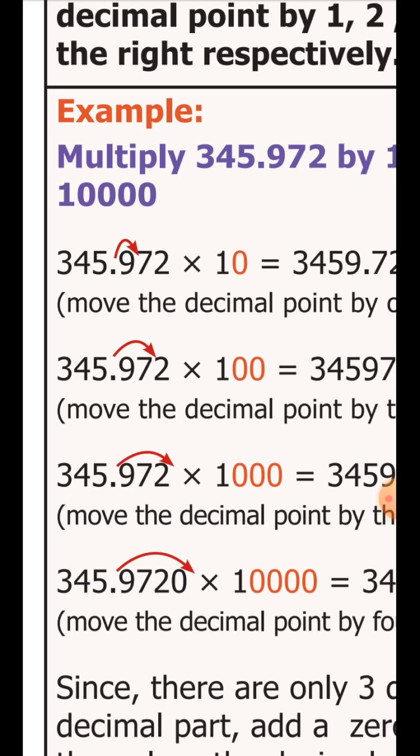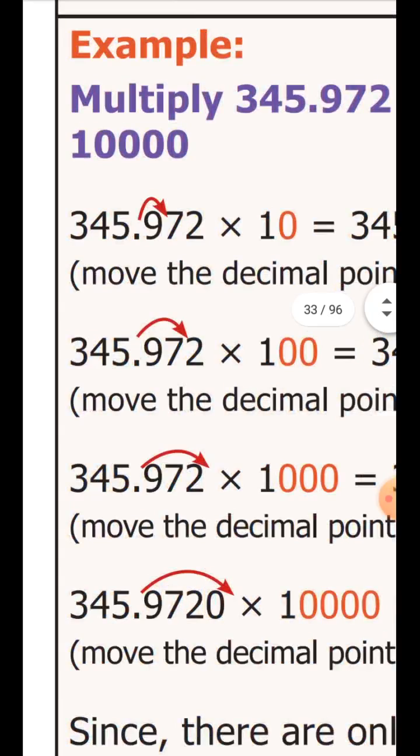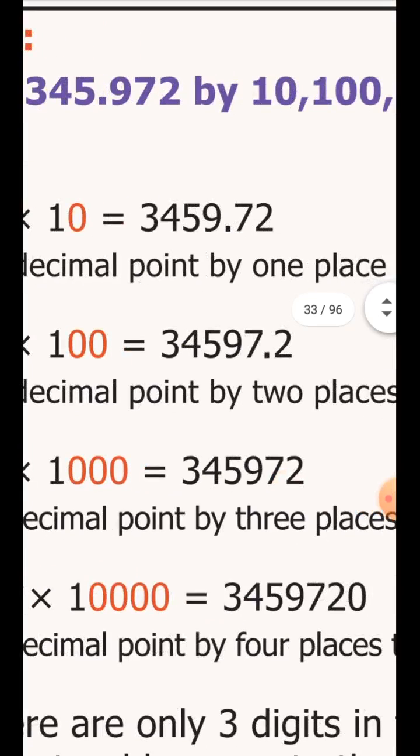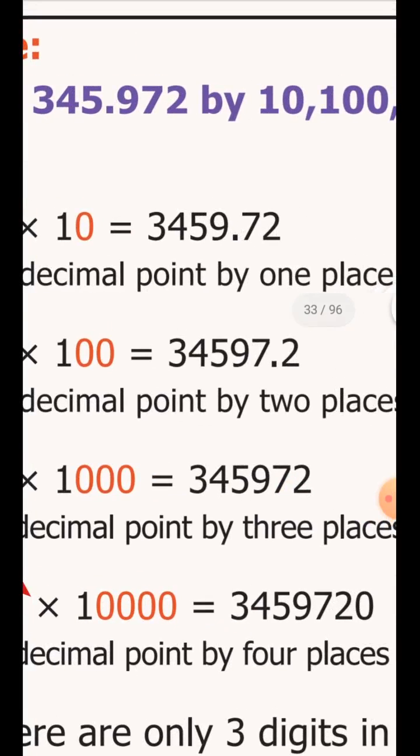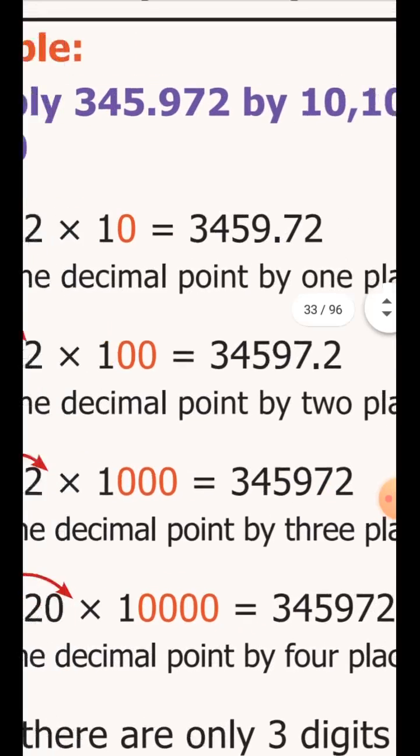Two zeros. So we move the dot two places. After the 7 we put the dot. The answer is 34597.2.